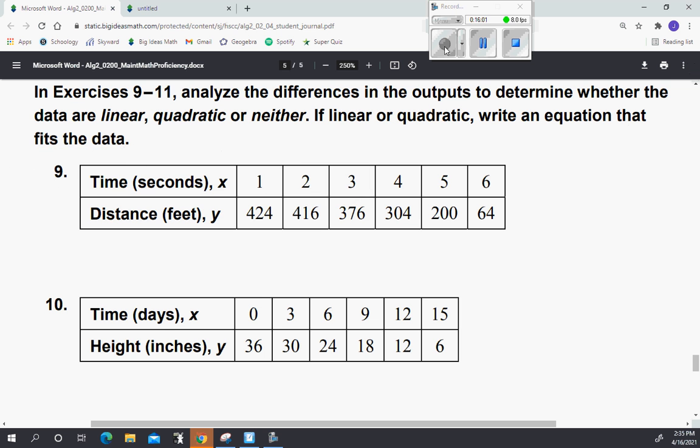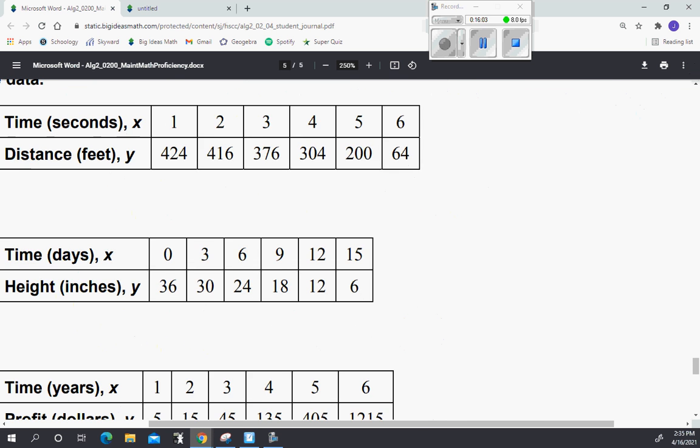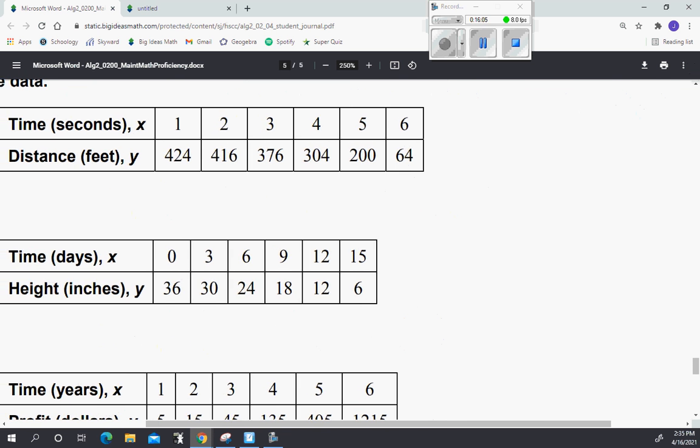The standard form for a quadratic graph, we're focusing just on this first table, is ax squared plus bx plus c. We've seen this before, right? We have to solve for a, b, and c.